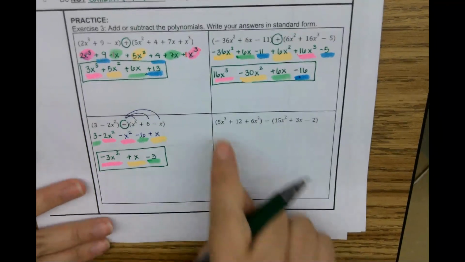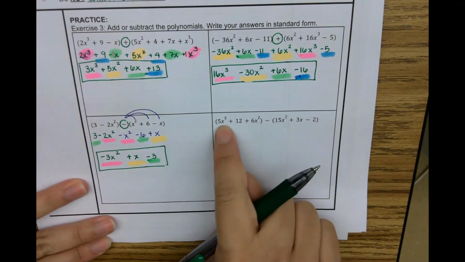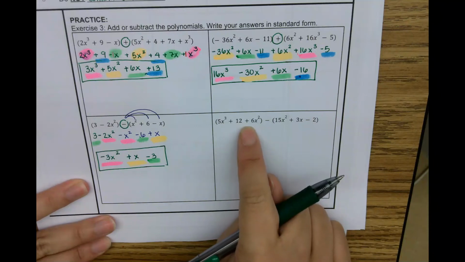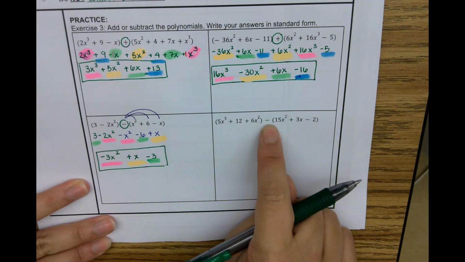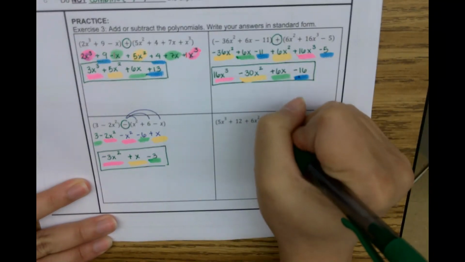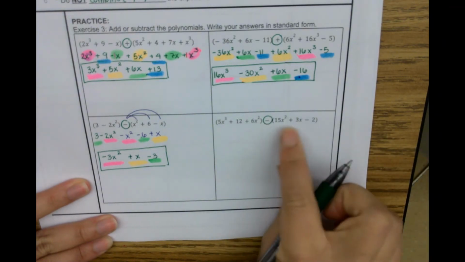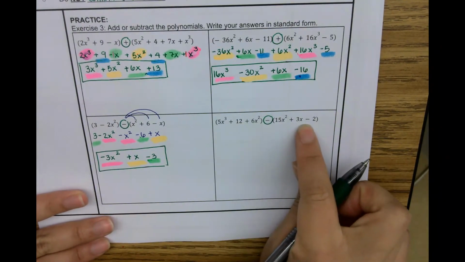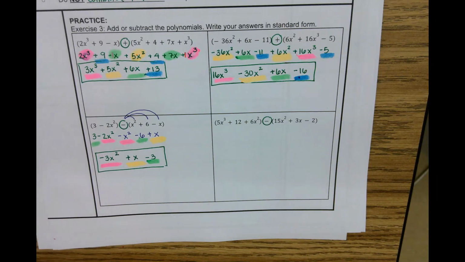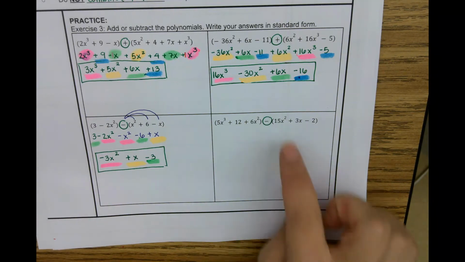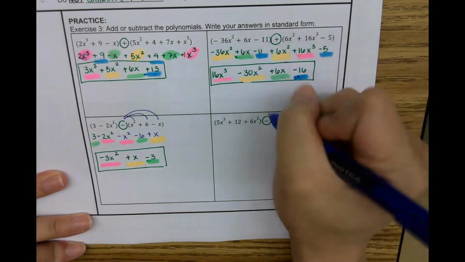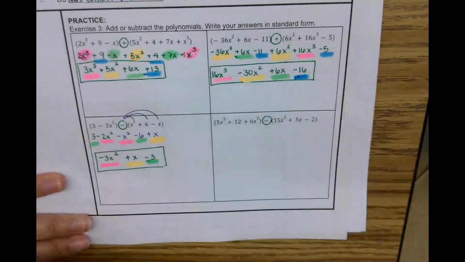So here I have my two polynomials, 5x cubed plus 12 plus 6x squared. I am subtracting, because of this minus sign, 15x squared plus 3x minus 2. Because I am subtracting this whole polynomial, I need to distribute my negative completely.